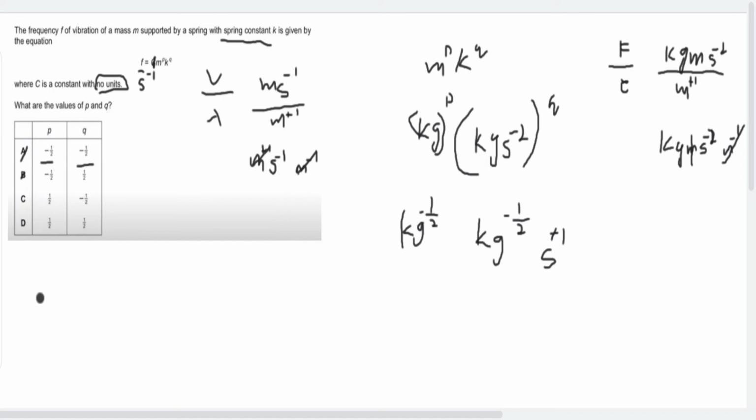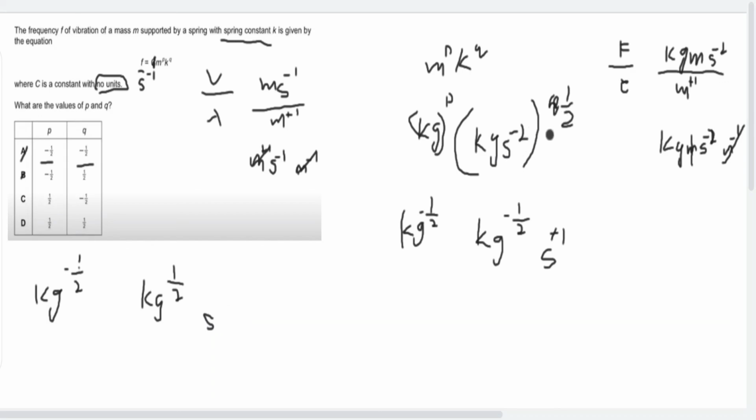Let's solve for B. Let's replace p with negative 1 by 2, and let's replace q with 1 by 2. When I replace q by 1 by 2, the entire SI base unit will get this power. Kg to the 1 by 2, and s negative 2 is getting multiplied by 1 by 2.